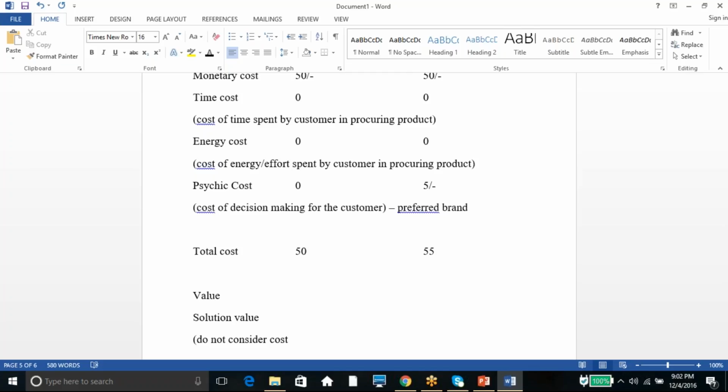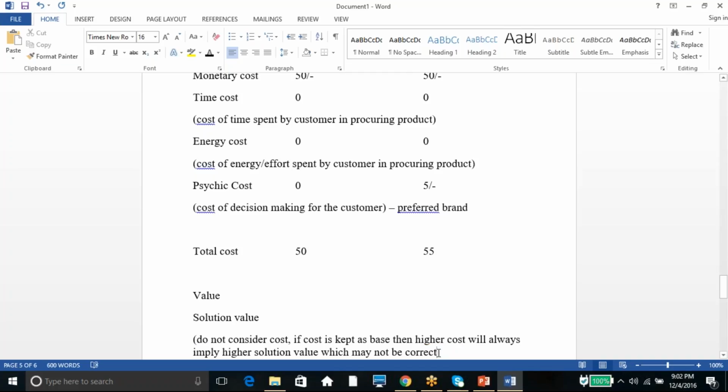If cost is kept as a base, then you are assuming that whatever has a higher cost has a higher solution value. If cost is kept as base, then higher cost will always imply higher solution value, which may not be correct.